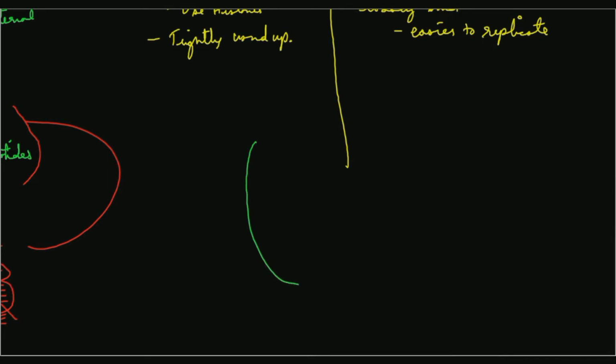Alright. So it should really look like this, where it's like this and this. And here would be the thing that's holding it together, or as scientists call it, the centromere. The centromere is basically the thing that holds the two sister chromatids. So these things are called sister chromatids.